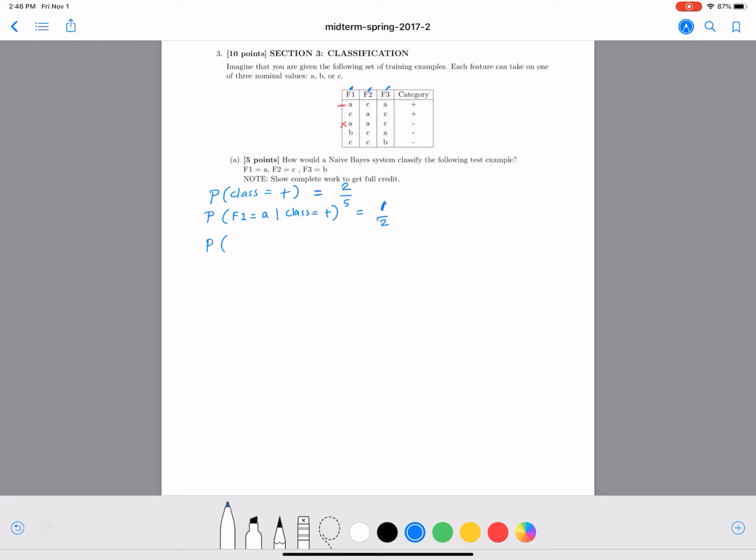Now probability of feature 1 is equal to A given class is equal to minus. So for minus, we have feature 1 equal to A, class equal to minus, but there are 3 minuses, so the value becomes 1 over 3.